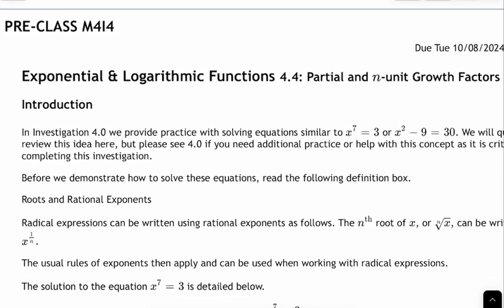Please go into your iMath, click on the calendar for today. And if you click on the calendar for today, you should find this pre-class M44. We're going to work on that together.